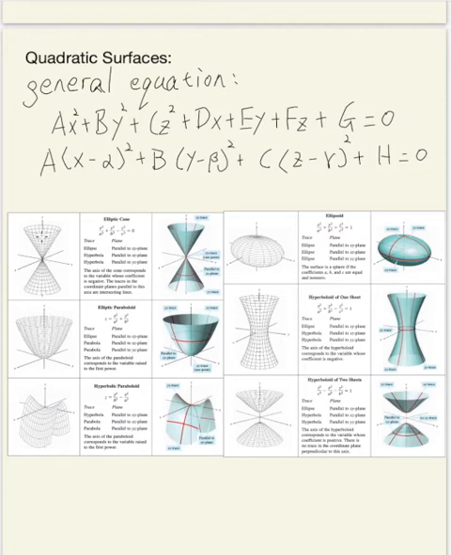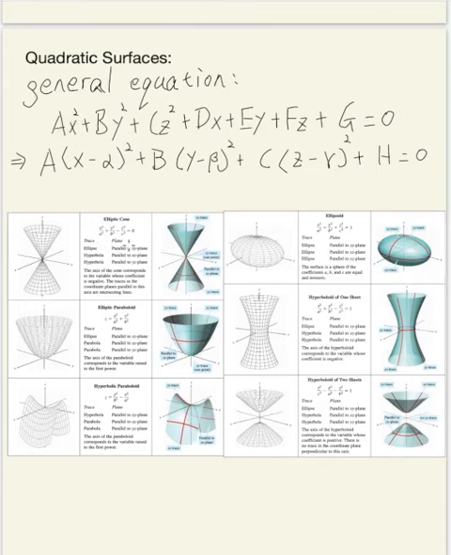So you're not changing the shape, you're just moving it. So it suffices to consider only the case where d and e and f are all 0. Is everyone okay? So that's the argument for considering only the second order terms.